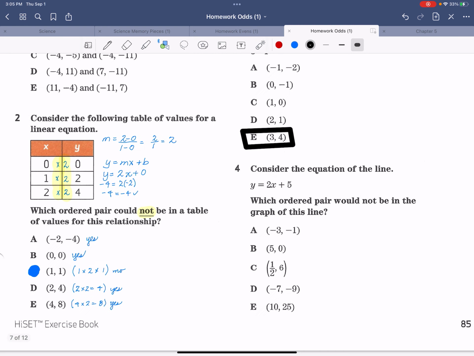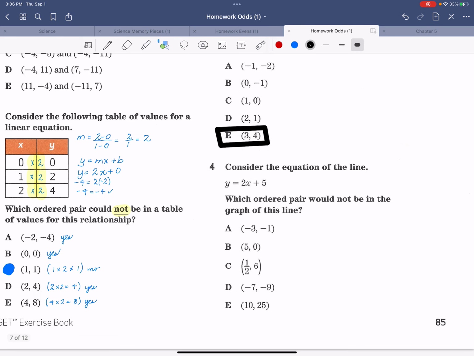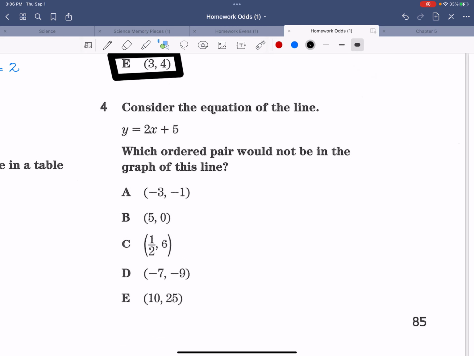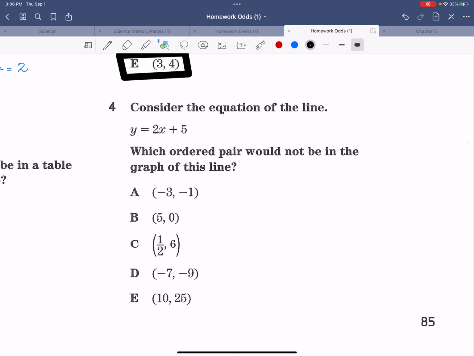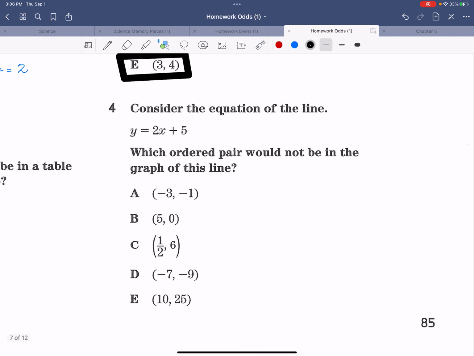Number 4, consider the equation of the line, which ordered pair would not be in the graph of this line. So if you want to use that approach that I used earlier, you can. To do that one, you would need a table of values, or you don't have to have, but it's easier to see. So let me show you how this works.